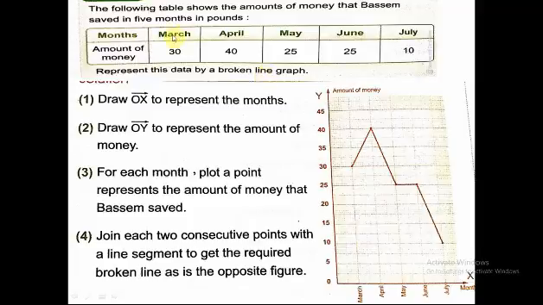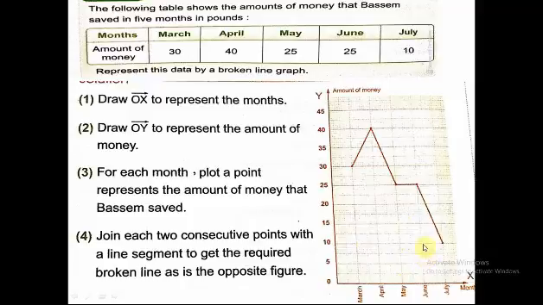Okay, in March we have 30 pounds. So I will move from the line of March to reach 30 and then put a point. Then April is 40. I go from April to reach 40 and put the point. Then May is 25, I go from May to reach 25 and put a point.